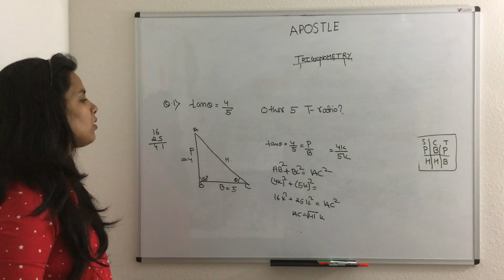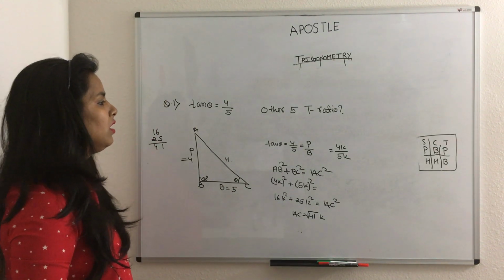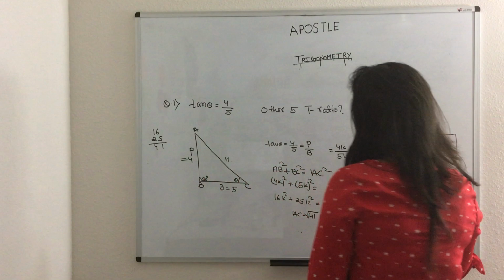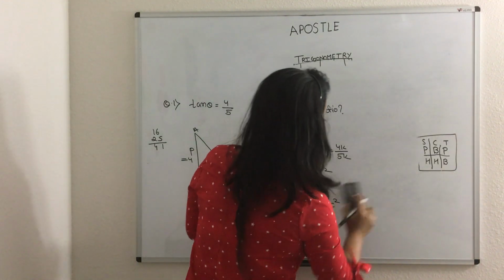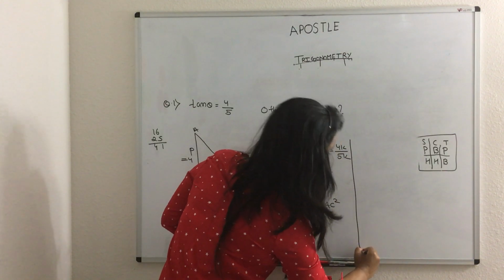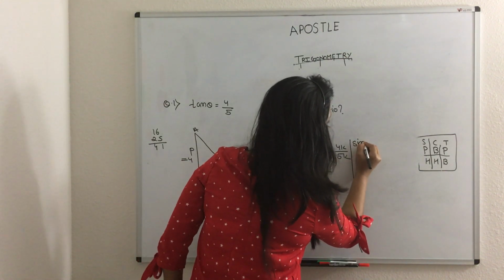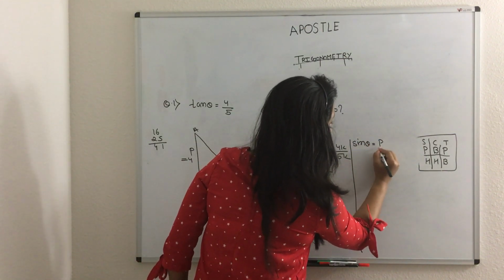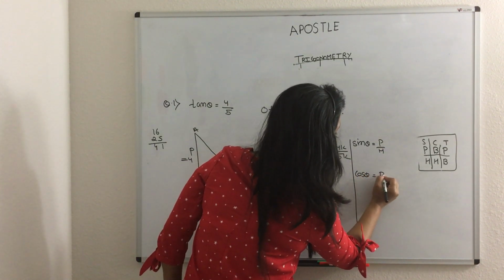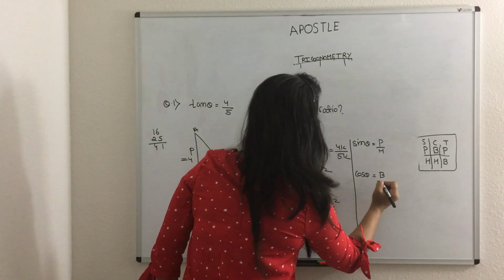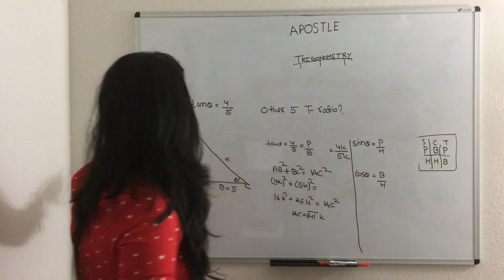Now we are going to calculate each and every trigonometric ratio. We know that sine theta is p by h, cos theta is b by h, and tan theta we already know. So what is p?